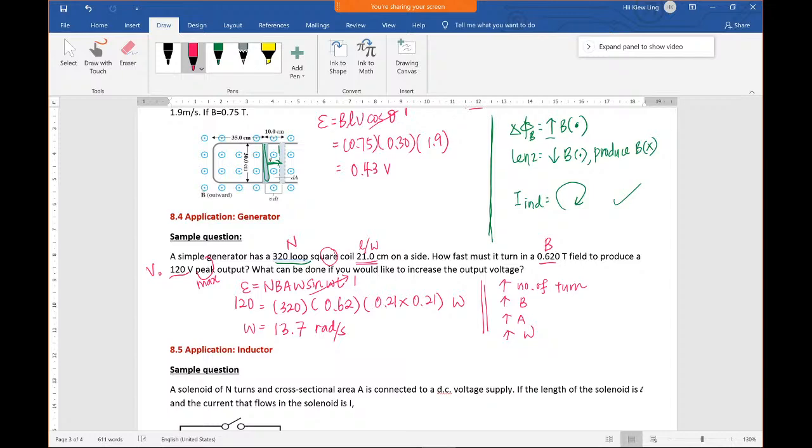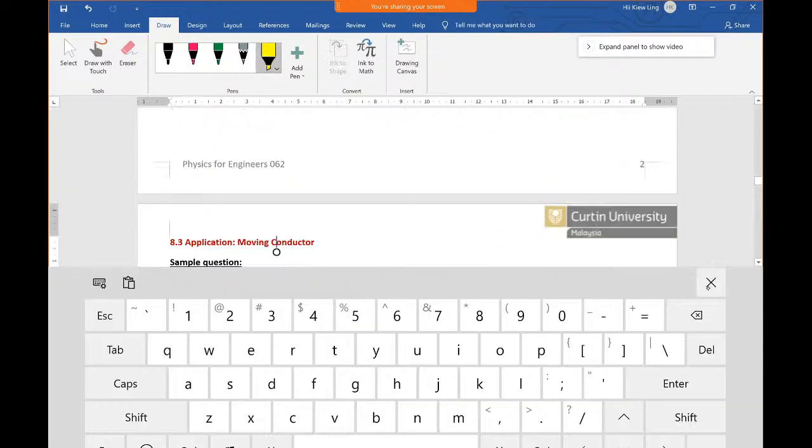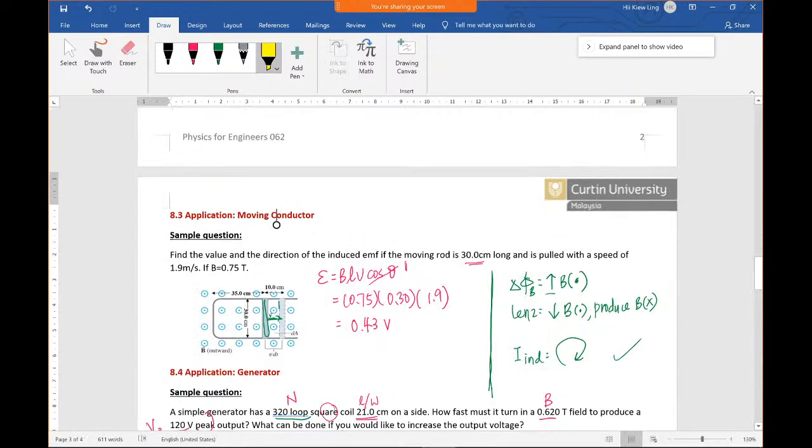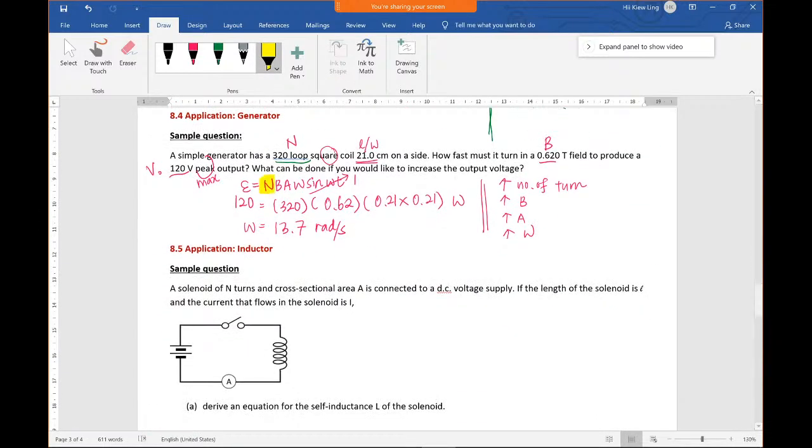Any factor in here can be increased in order for you to increase your maximum voltage. Alright.